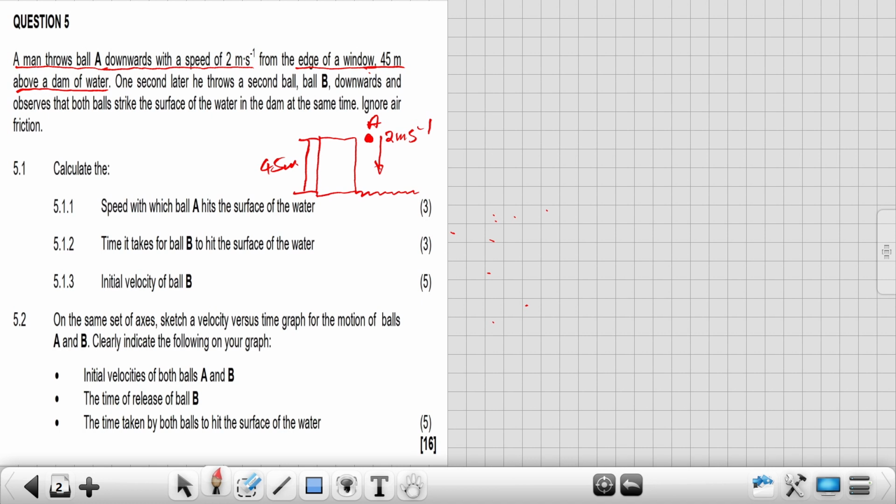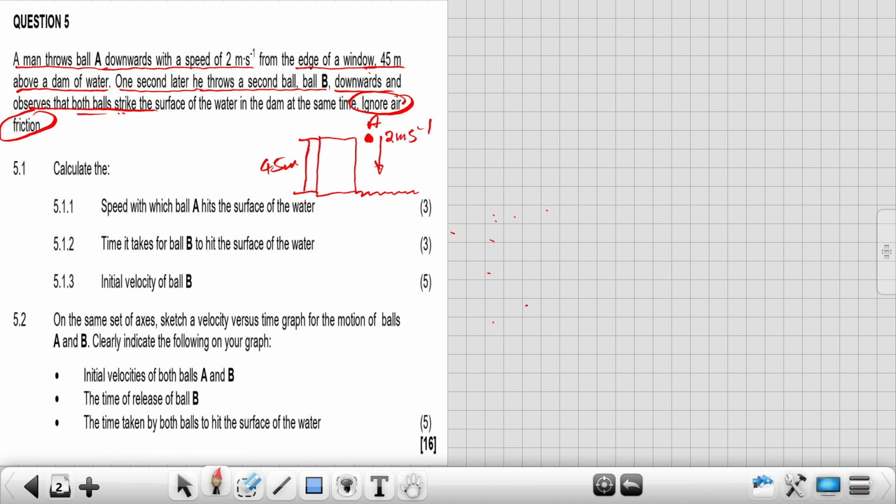Then the second piece of information from the question says 1 second later he throws a second ball B downwards also, and observes that both strike the surface of the water in the dam at the same time, and we ignore the air friction.